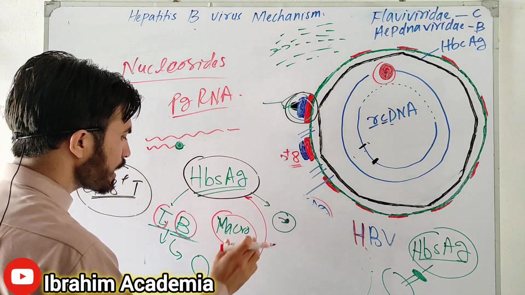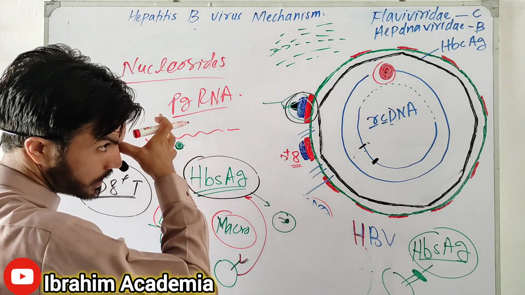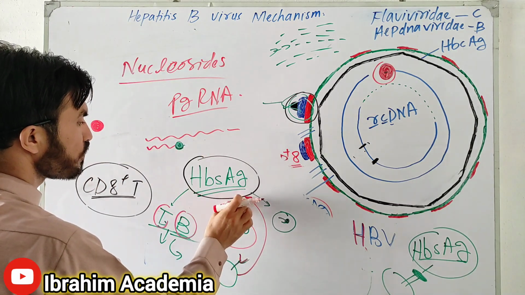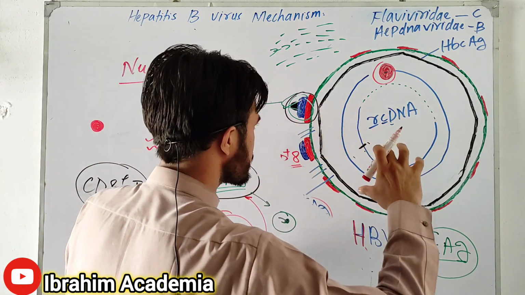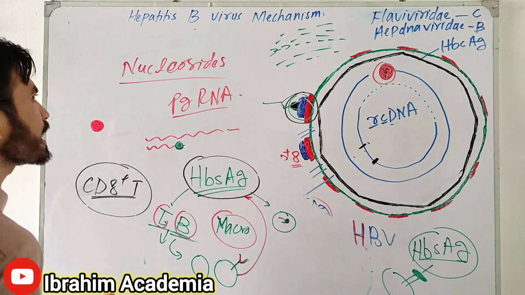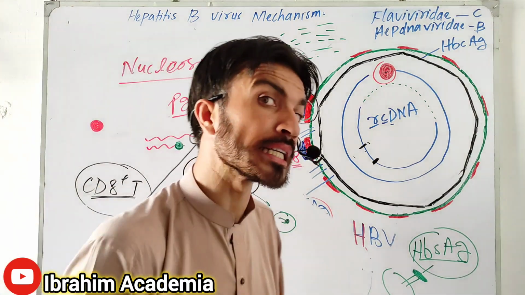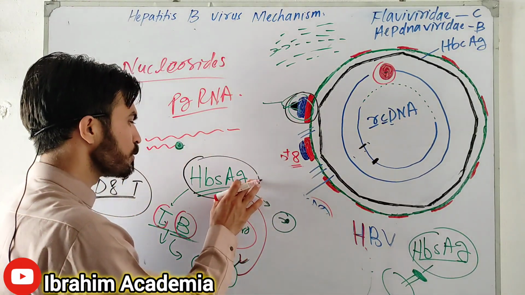That antigen can be detected by the memory cells, and the antibodies agglutinate this part, and the virus gets stuck, and those viruses can't enter inside the hepatocytes, and the infection stops at early stages. This is the mechanism of the HBs vaccines.